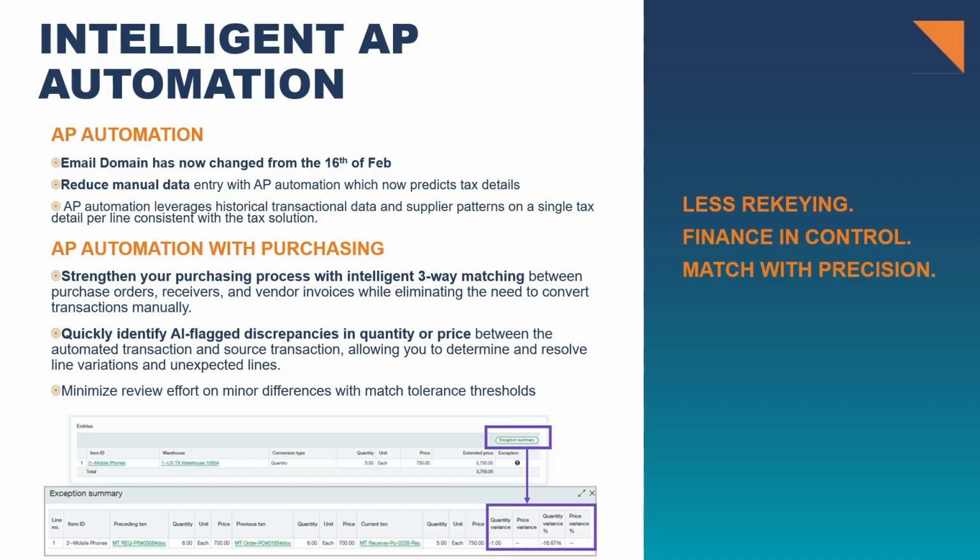What this means in practice is when an invoice is captured through automation, the system will extract the value. It can also populate the associated tax information based on how similar transactions have been previously processed. For finance teams, if you are using accounts payable automation, this removes another repetitive step in the review process. So instead of re-entering the same tax treatment for your suppliers, the system applies that logic consistently whilst allowing users to review and confirm before posting.